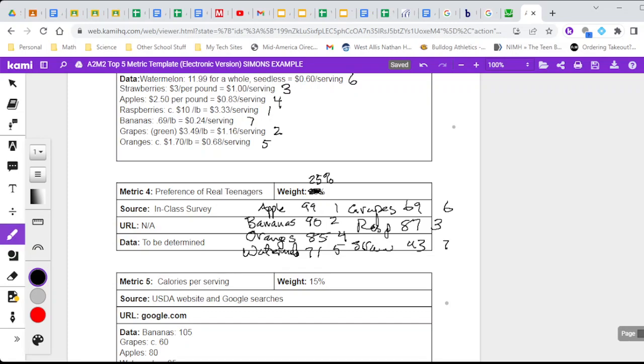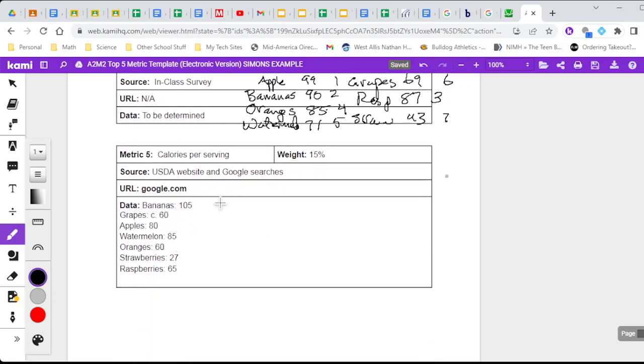All right. Calories per serving, same deal. Lower calorie is probably considered preferable. So strawberries would win that, which I found kind of surprising, but they are pretty low in calories. All right, and so that is going to get my 7, and then we have a tie for 6th place between grapes and oranges, which means that we're going to skip 5th place when we go to raspberries, and we're going to go right to 4th place.